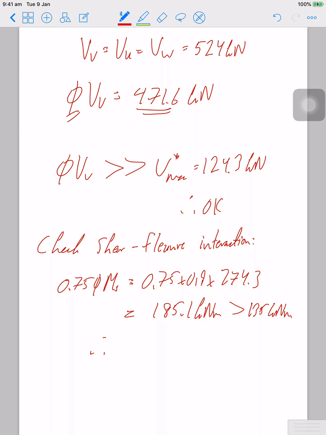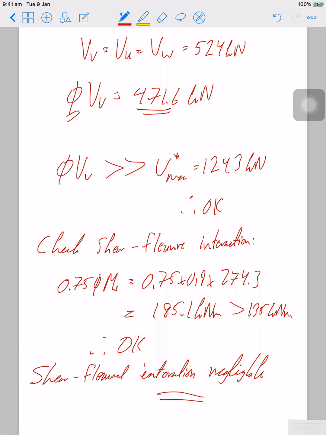Therefore, okay. That's how you check for your shear, and that's the end of this example. Thank you so much for paying attention.